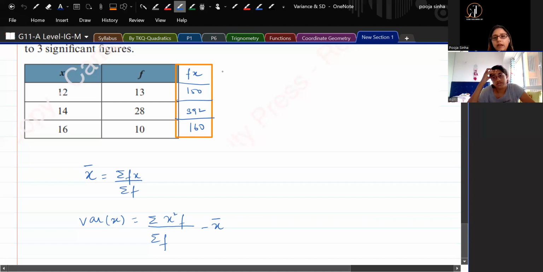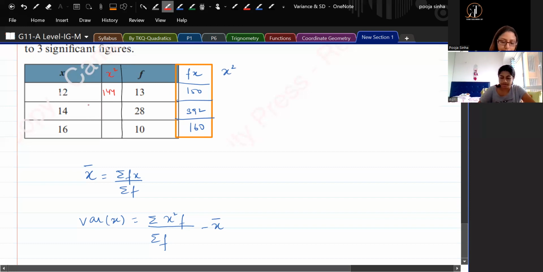Either I make an x square column and then multiply with f. You could do that. So we'll have 12 square. Let's make an x square column, and x square is 144. 14 square is how much?